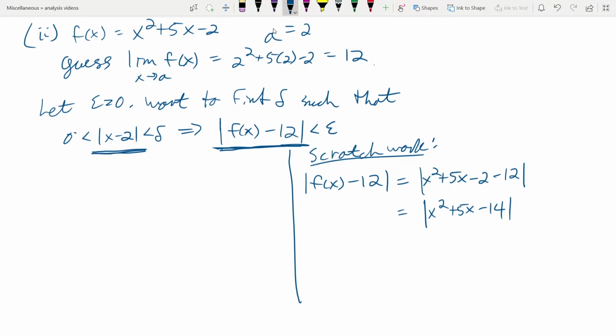That's something which we are able to make very small. So if we can reframe this expression in terms of x minus 2 somehow, that will be ideal. In order to do that, we can use the same trick of just adding and subtracting. I hope I don't make a mistake here, but we should get some nice cancellation if I do this correctly.